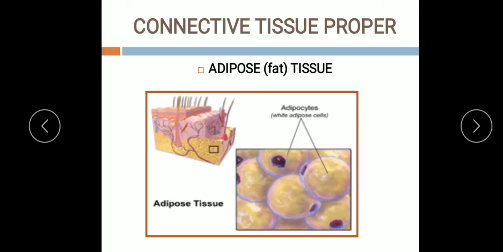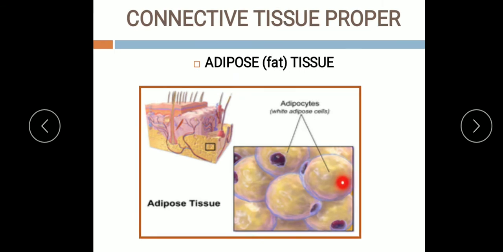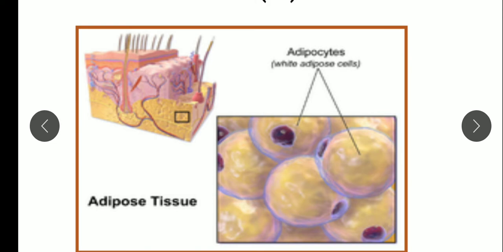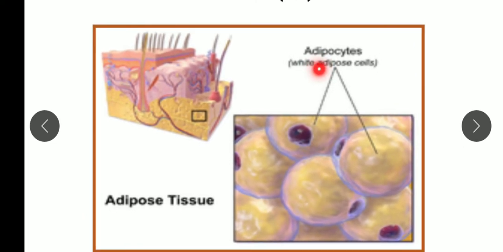Another type of connective tissue proper is the adipose, or fat, tissue. Adipose tissue acts as a padding under the skin, and as an insulation for retaining body heat. It is actually fat storage and is made up of cells known as adipocytes.